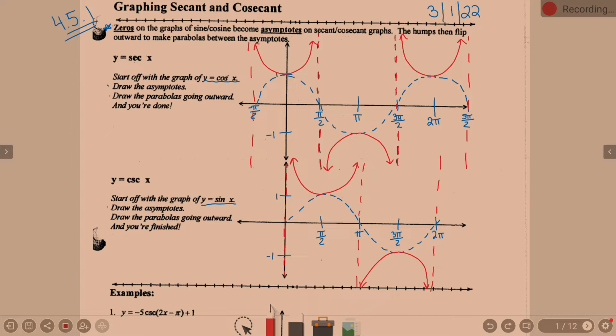I'm thinking maybe I have 3 done in here, but I'm going to do a couple examples. The homework is not going to be due until Thursday. Okay, I'll go ahead and give you the worksheet. And honestly, use what you know from yesterday about sine and cosine, because you're drawing sine and cosine, right? And then asymptotes, parabolas.